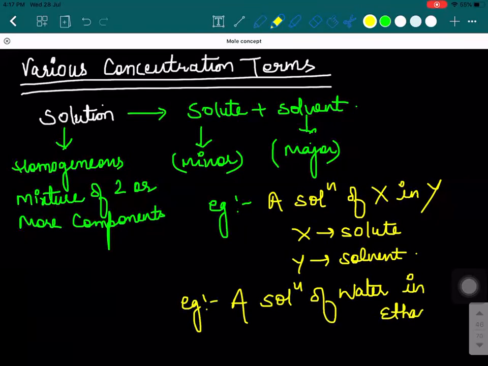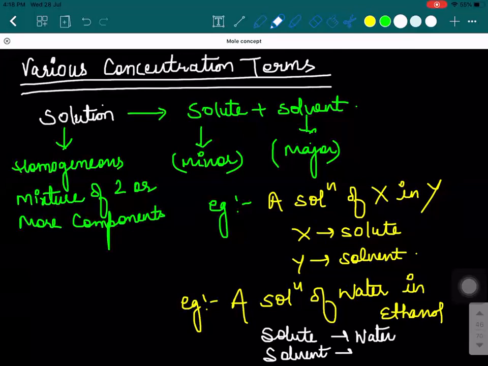What will be the solute in this? Water. Yes. Solute will be the water and solvent will be what? Ethanol. Yes, absolutely right. Isn't it? Yes or no? Clear? If it is clear, please write it down.